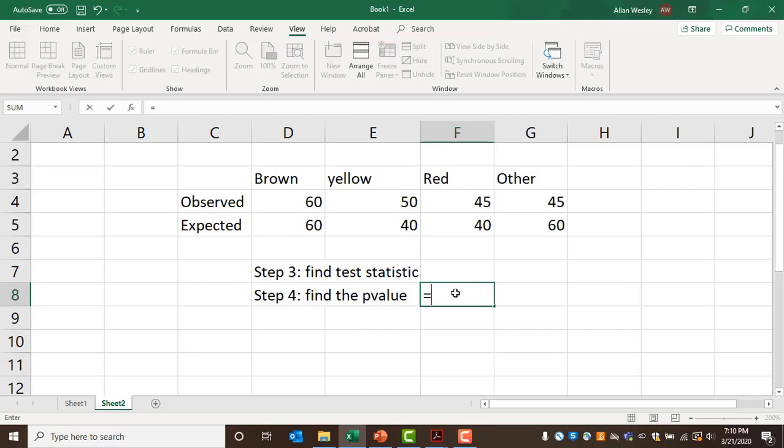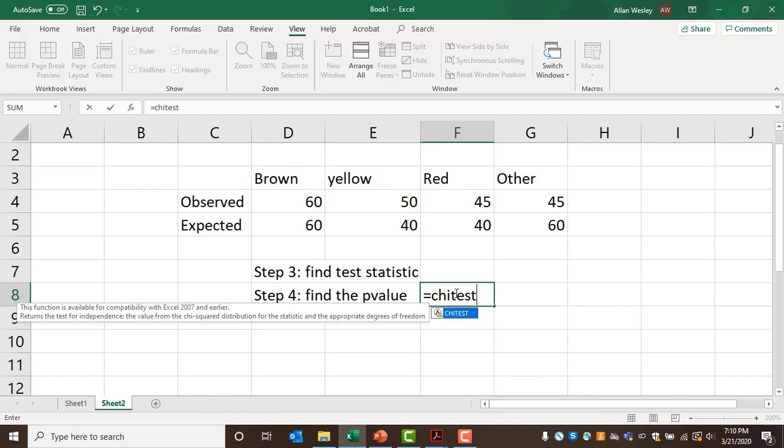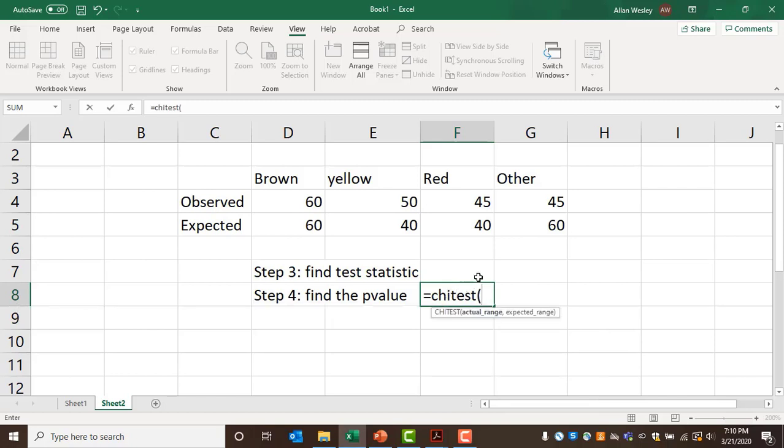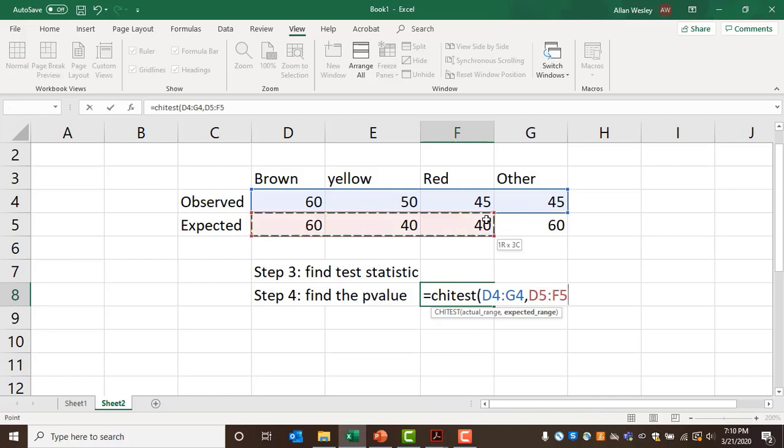So equals CHISQ.TEST, a very nice function. It's a function from the old Excel. Excel went and made it more complicated for unknown reasons. You'd have to ask them. So our chi test specifies in the arguments the actual range and expected range. So we highlight the observed range, comma, the expected range, all those expected values that we calculated, and then close the bracket.